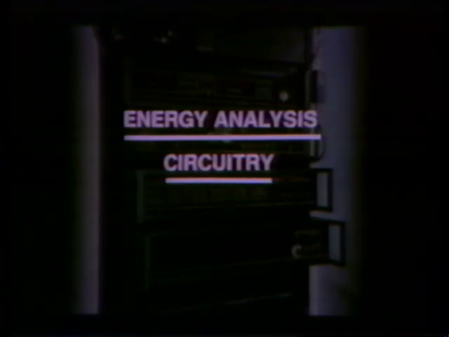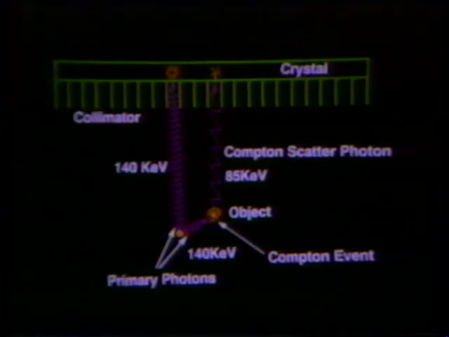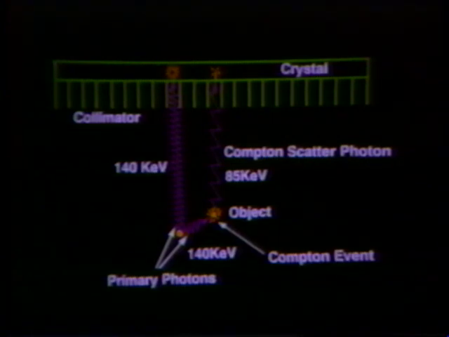Now that we've corrected the X and Y positional signals for spatial distortions and corrected the Z energy signal for regional variations in energy response, we are ready to determine if the event which struck the crystal is valid for imaging purposes. Due to the effects of Compton scattering, radiation originating from a molecule of radiopharmaceutical within the patient's body does not always escape the body with all its energy intact.